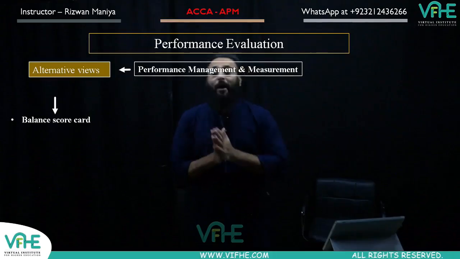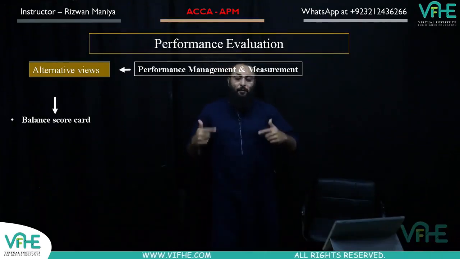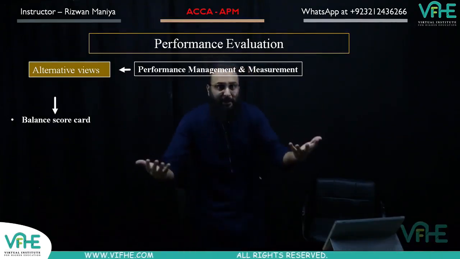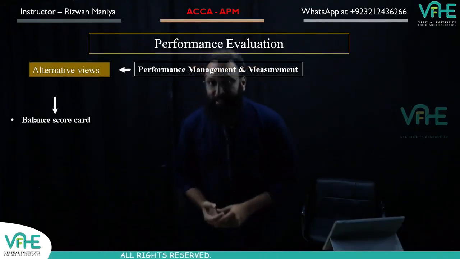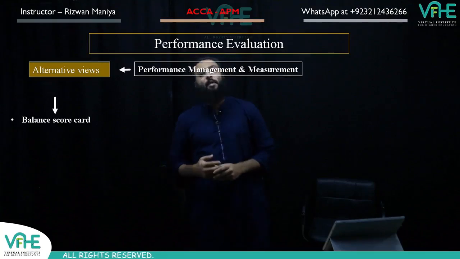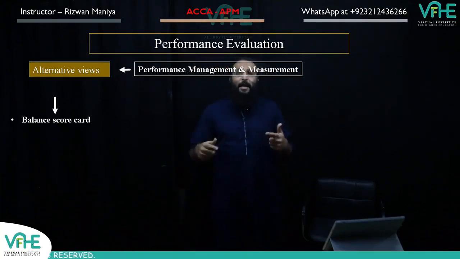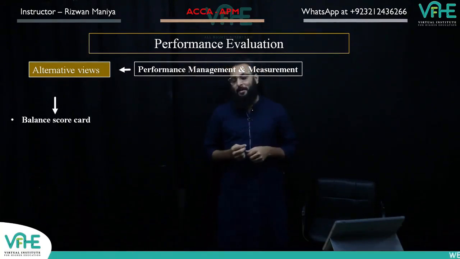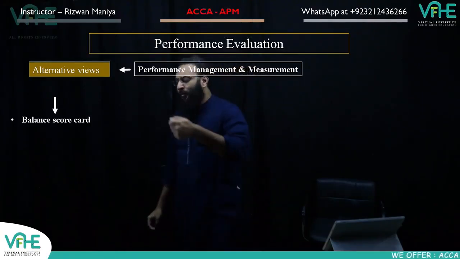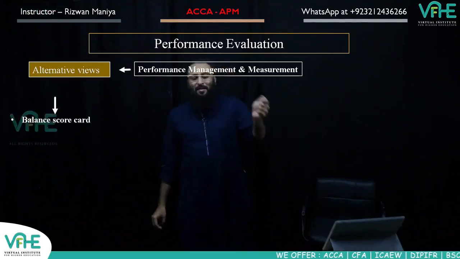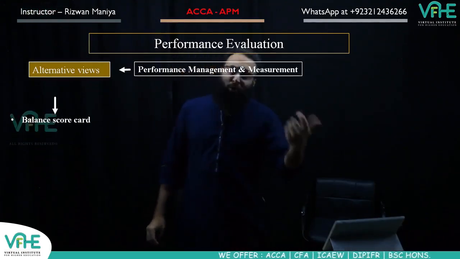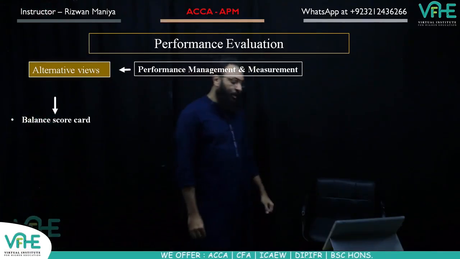The balanced scorecard is useful when you're making your performance management system and when you're measuring the performance of an organization. If you want to set up the KPIs, you can use the balanced scorecard perspectives. If you want to check the performance of the organization, you can use the KPIs to measure using the balanced scorecard.